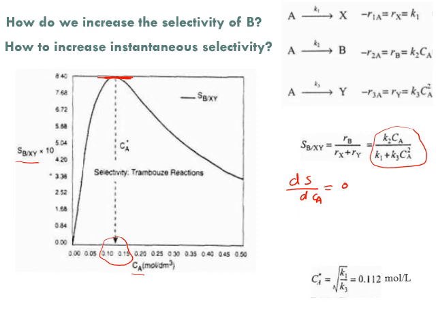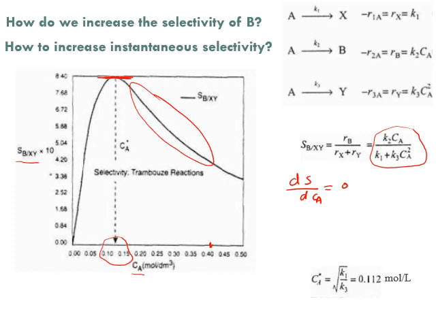No, because in the plug flow reactor the concentration will vary from the entrance concentration, which is 0.4, all the way to lower concentration, so I'm not really operating at the optimum concentration.